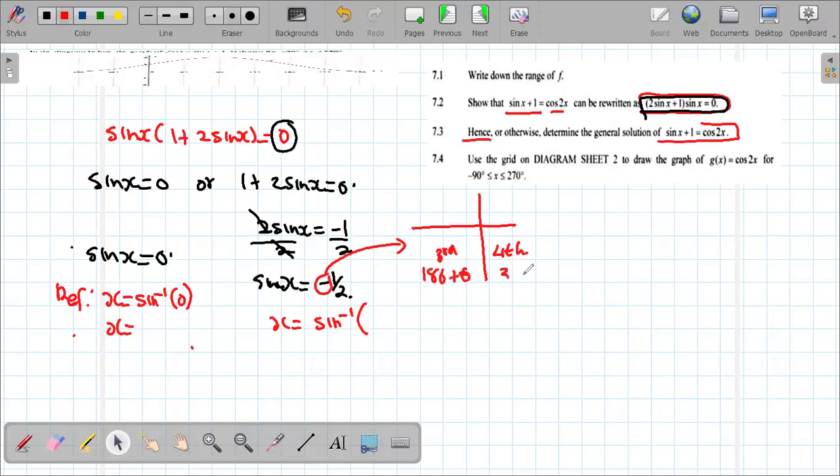Here, 360 minus theta. So what is the inverse sine of 0? Let's not waste time, it should be 0. Having calculated, it is 0. Thank you. What about this? Inverse sine of 1 over 2. I believe it should be 60 or 30, somewhere there.